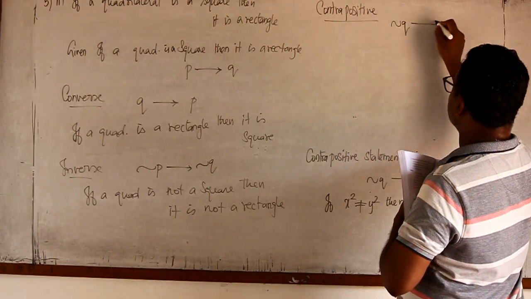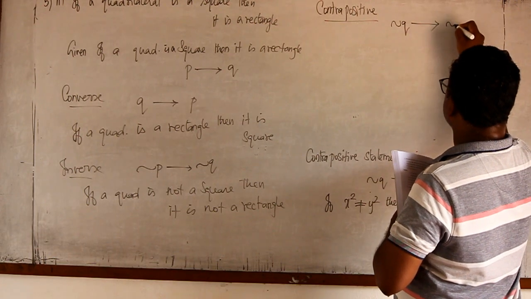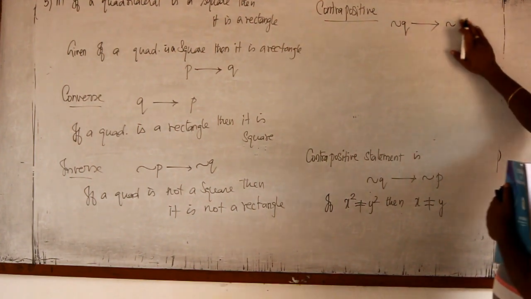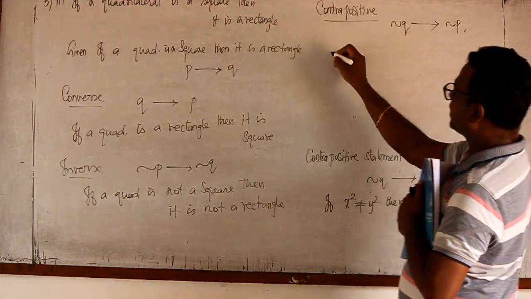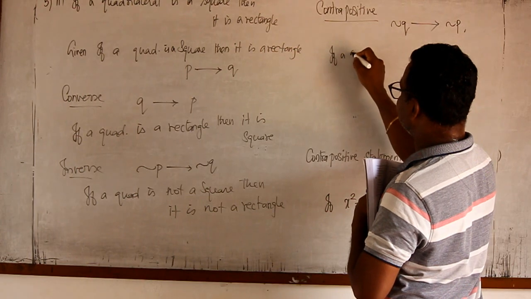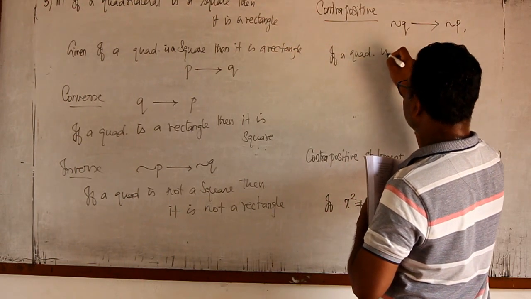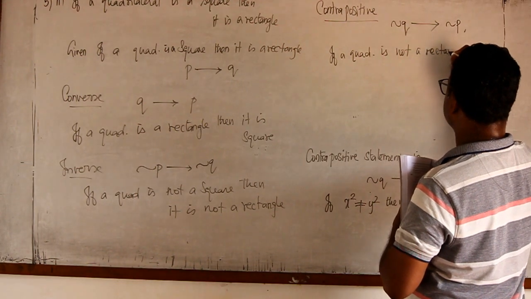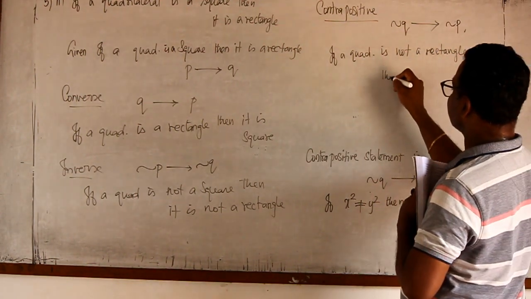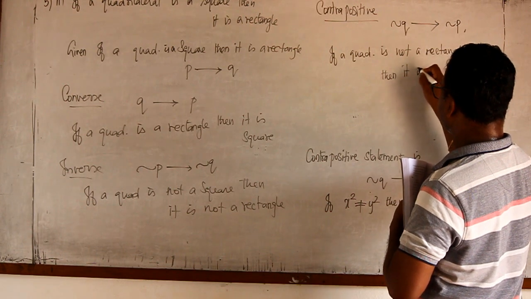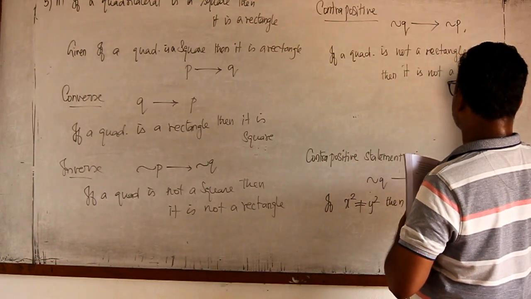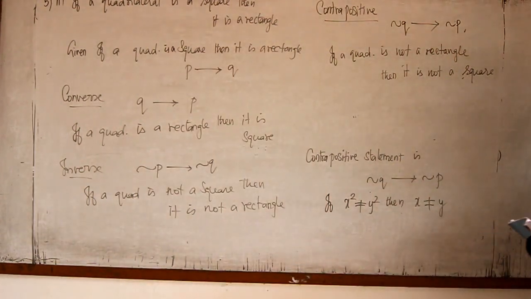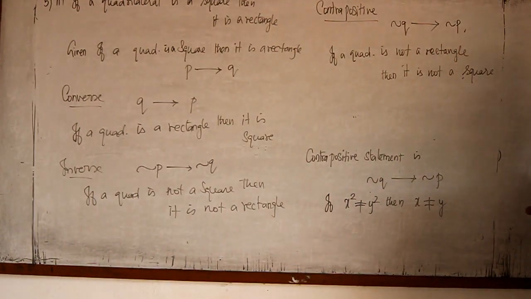Negation of Q implies negation of P. So, if a quadrilateral is not a rectangle, a negative statement, then it is not a square. That's all. If the quadrilateral is not a rectangle, then it is not a square.